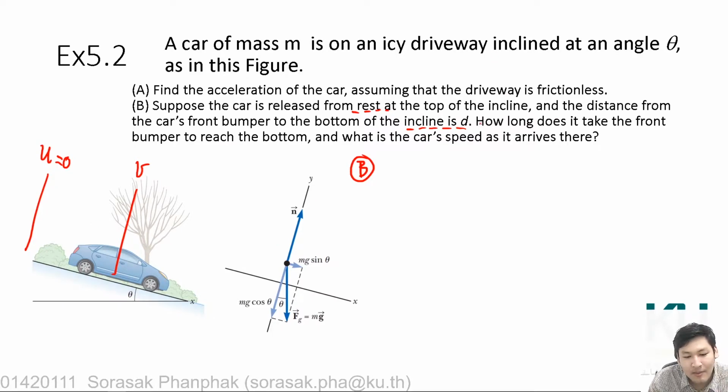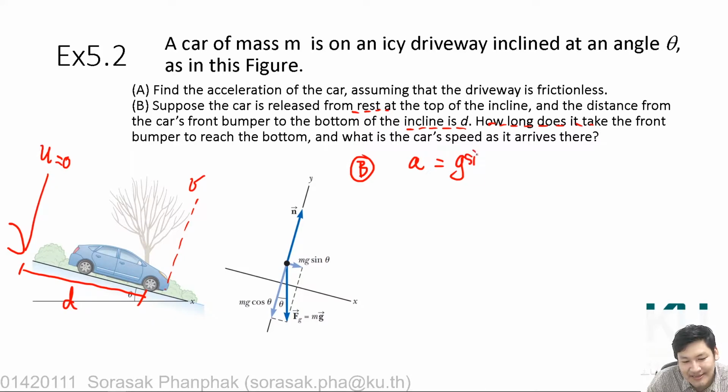But what this problem is asking is how long does it take the front bumper? Initially the front bumper may be over here, and at the terminal point the front bumper is here, reaching the bottom, and this distance is d. You already know that your acceleration is equal to g sine theta from the A part, right?